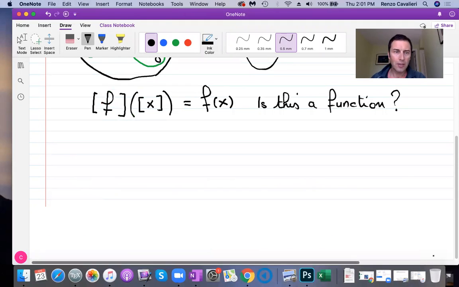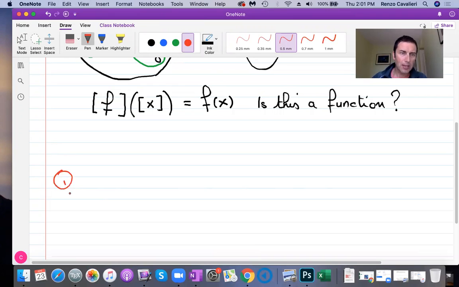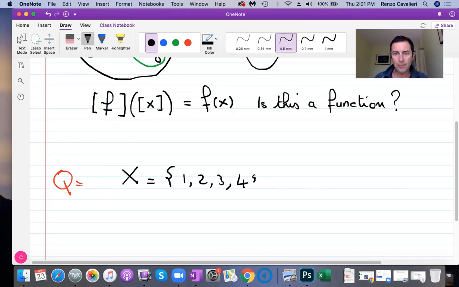It's going to be saved for later. And so the question, let me write it for everybody, is: suppose that X is equal to 1, 2, 3, 4, and 5.